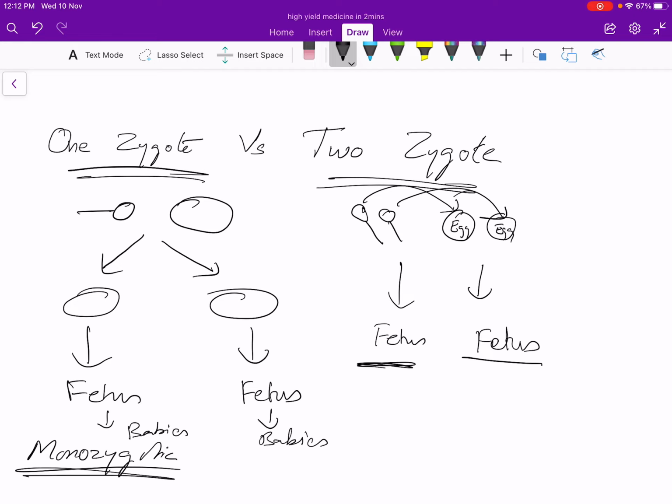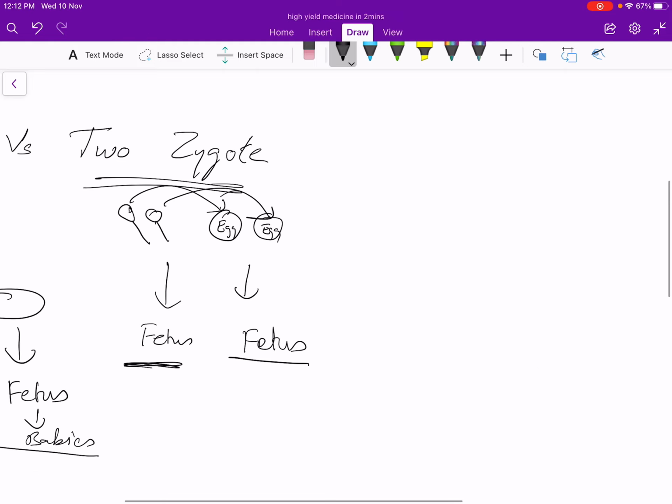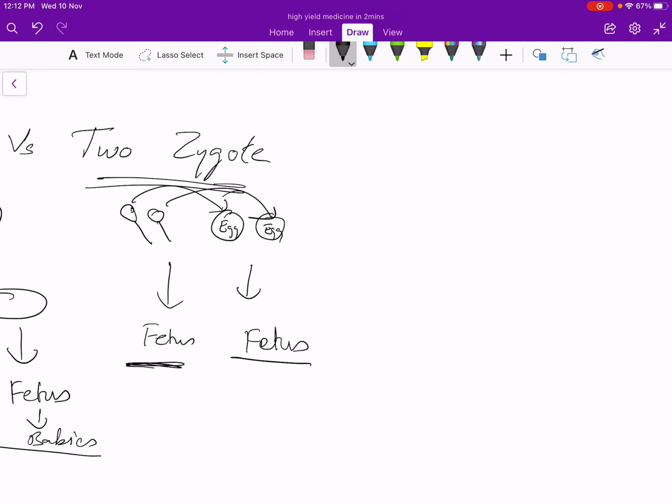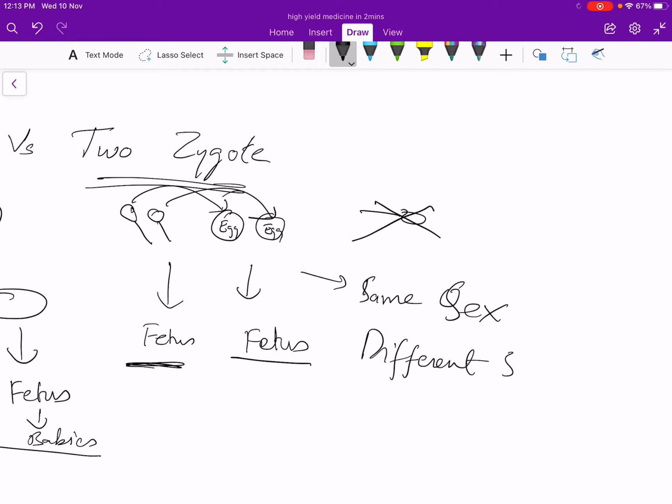Now let's clear the simpler one first, the dizygotic twins. Since it is two sperms and two eggs, their babies could be of the same sex or different sex. So if you see in a question that somebody has a twin pregnancy and one twin is a male, one twin is a female, that means the pregnancy is definitely dizygotic.